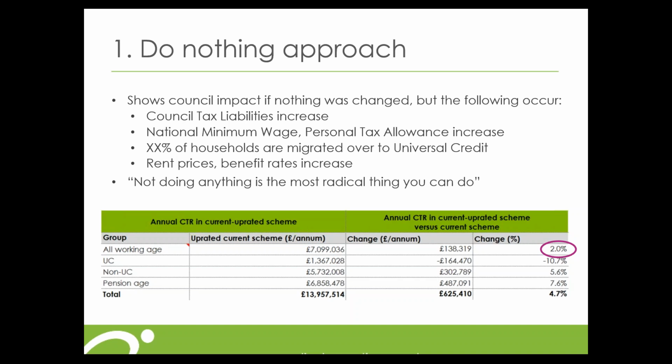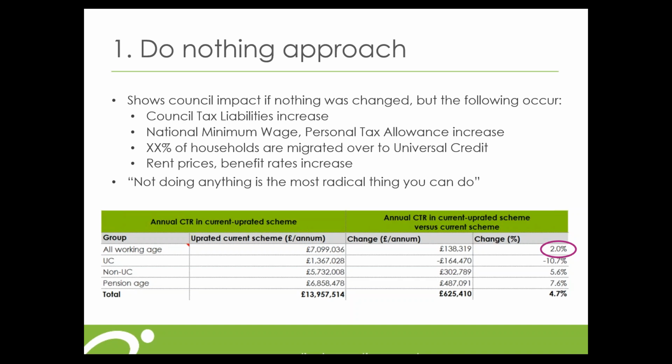And generally what we find is that not doing anything can actually be, and this is quite a nice way to put it, possibly one of the most radical things you can do. And crucially, as Jenny was saying, and Zoe, this can vary a lot from local authority to local authority, depending on local demographics. Namely, the number of people in your low income cohort who are in work has a very profound impact, because as Zoe was explaining, a lot of those people might gain under universal credit such that their CTR goes down.